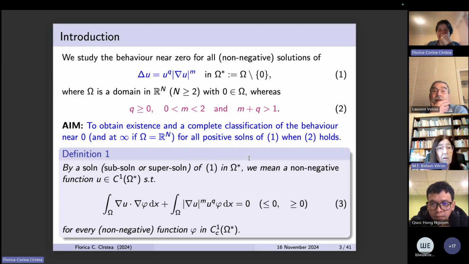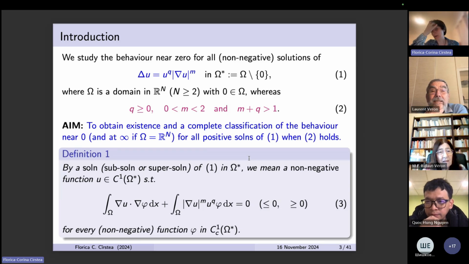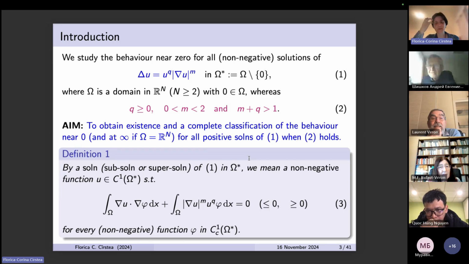Yeah, I think that's right, it's more powerful. Thank you. Indeed, we had it very general for p-Laplacian type and more general right hand side.